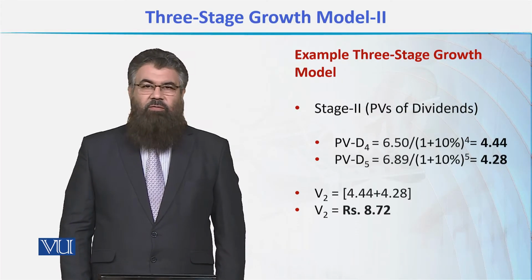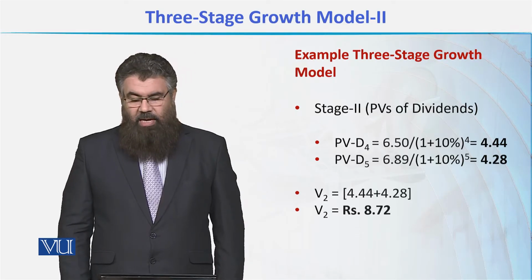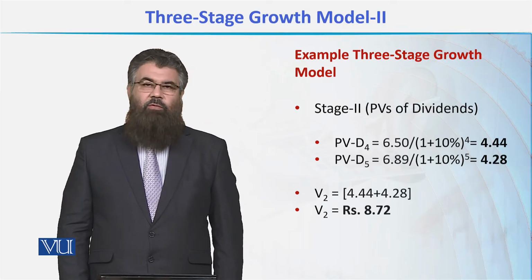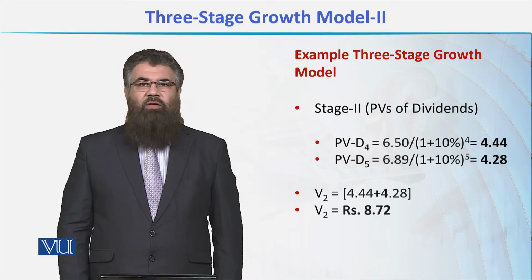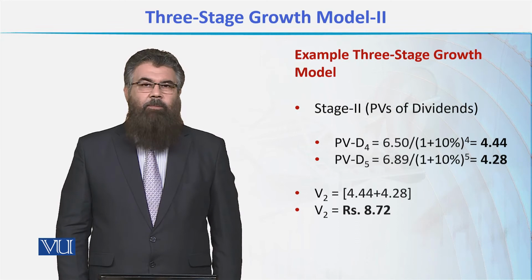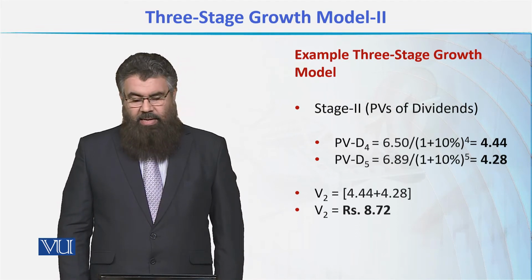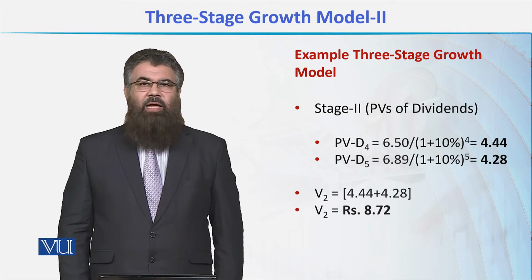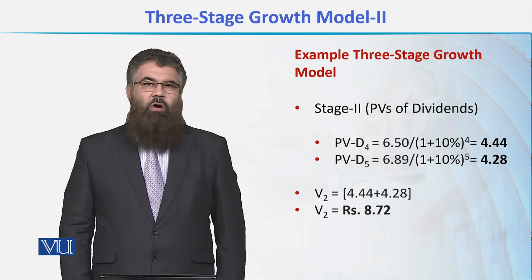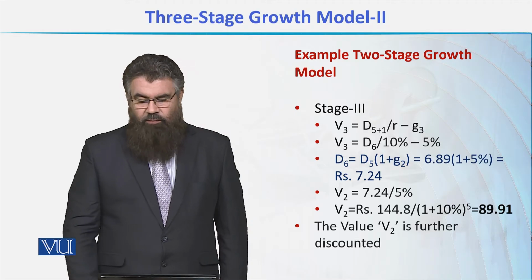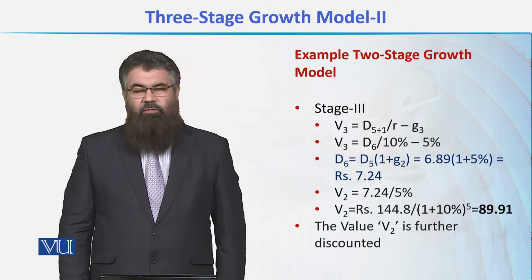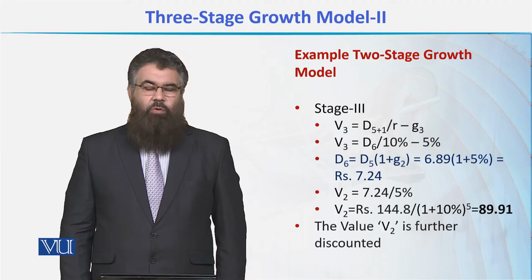And the 5th year's dividend present value is also calculated in the same manner, which is 4.28. तो ये दोनों values second stage के dividends की present values हैं. इन्हें हम add करेंगे and the sum will be the intrinsic value of the second stage of this 3-stage growth model. And finally, we move to the third stage, where we'll apply the constant growth model.